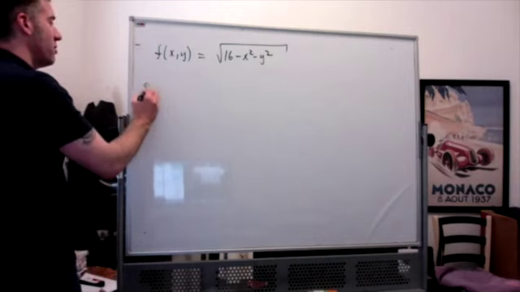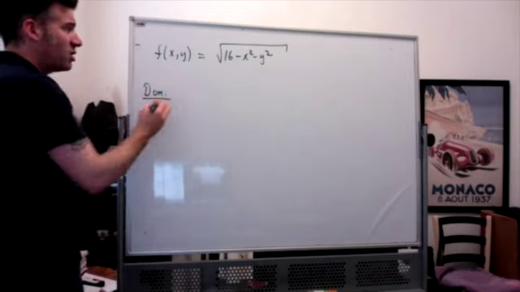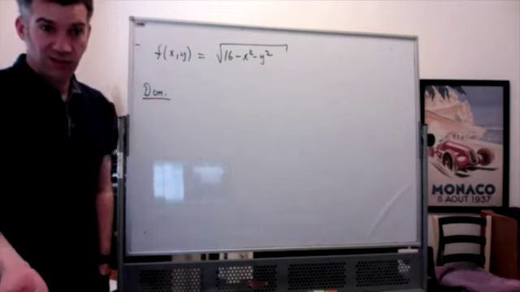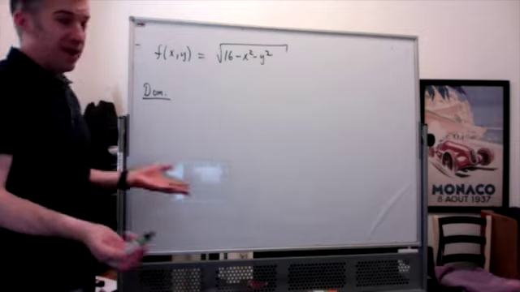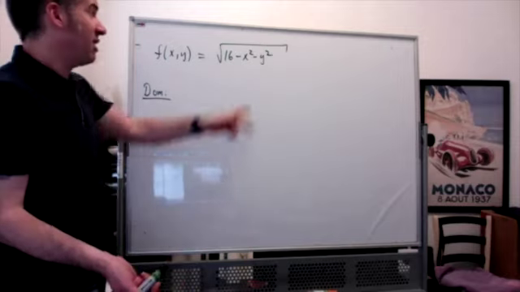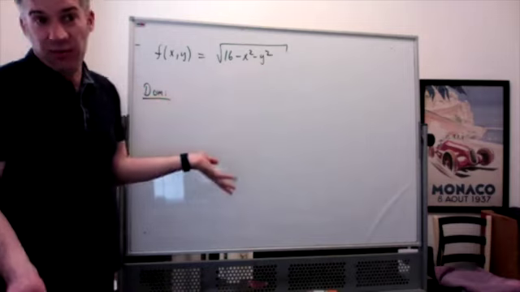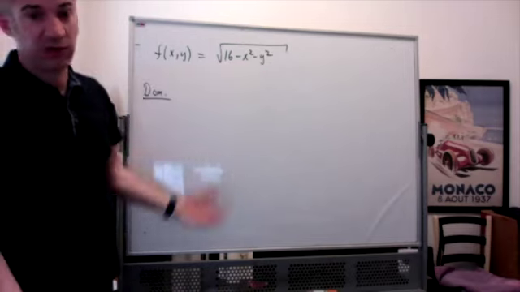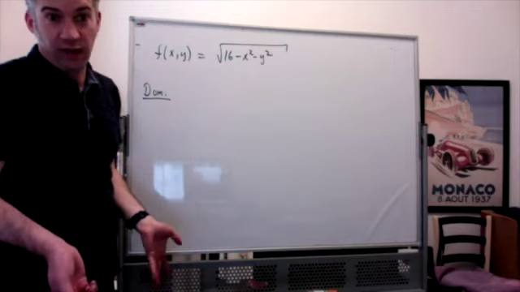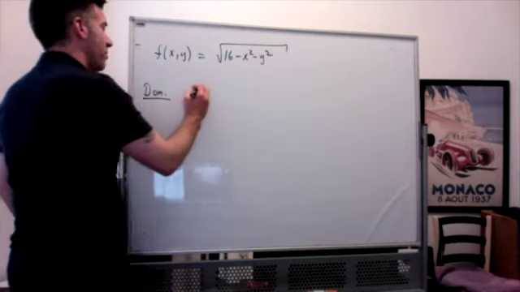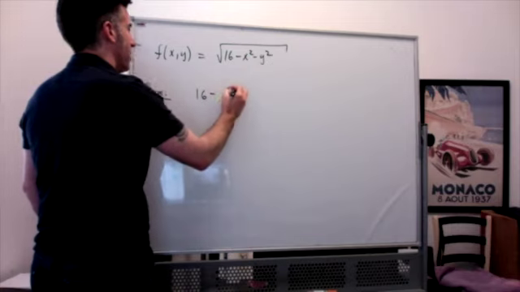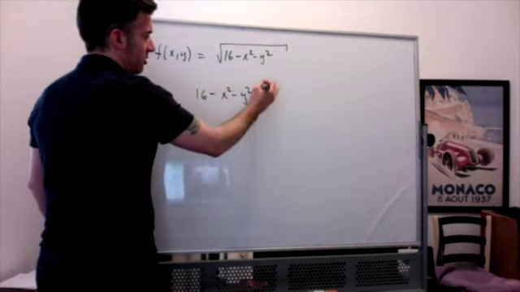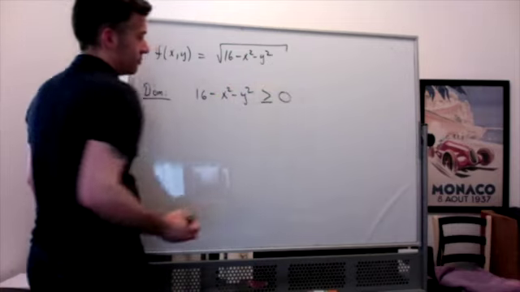So for the domain, now we actually are limited, right? For the domain here, x and y can't just be anything. If x was 5 and y was 0, that wouldn't be allowed, because you'd have 16 minus 25 minus 0, which would be -9, and we can't take the square root of a negative number. So here we are limited by the fact that the insides have to be greater than or equal to 0.